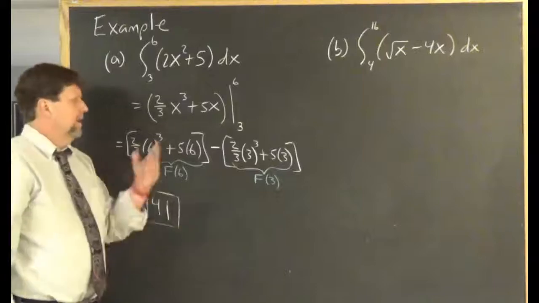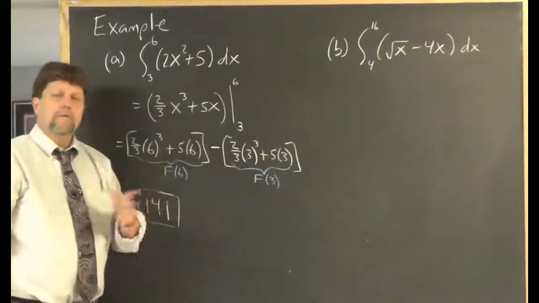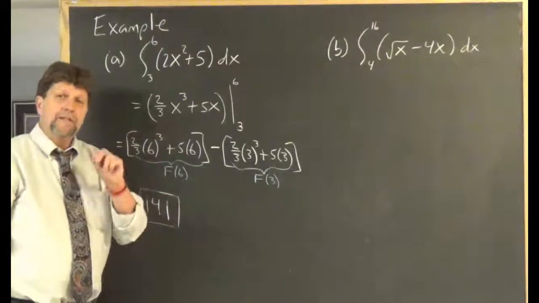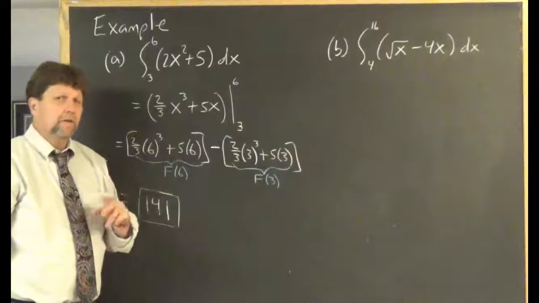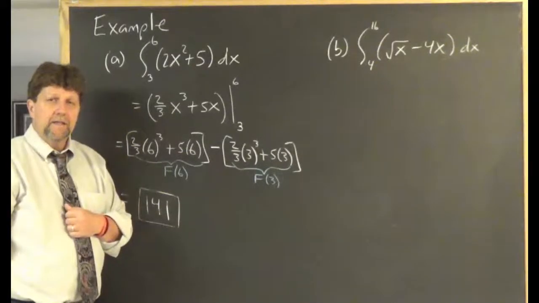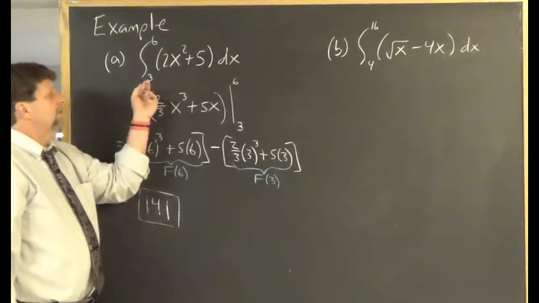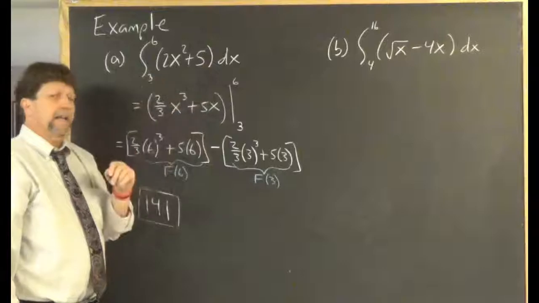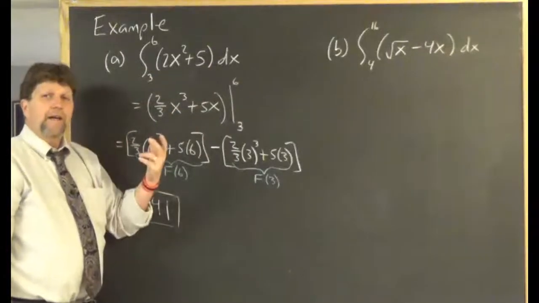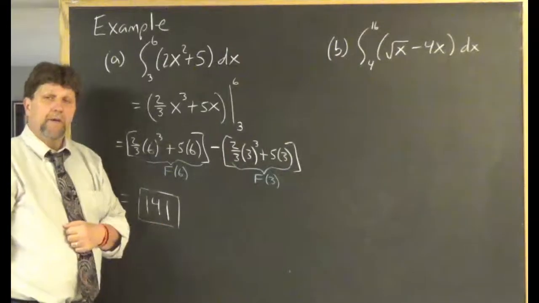So for that reason, don't even bother putting a constant when you get an antiderivative here. That's only when dealing with a definite integral; you don't worry about the constant. So the value of this definite integral, the integral from 3 to 6 of 2x squared plus 5 dx, we evaluated it with the fundamental theorem of calculus, and we came up with 141.